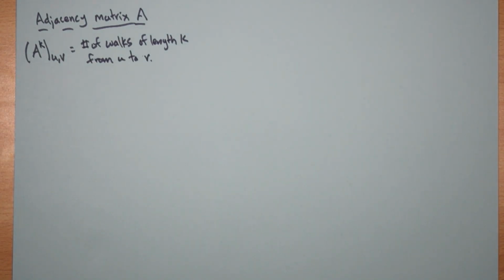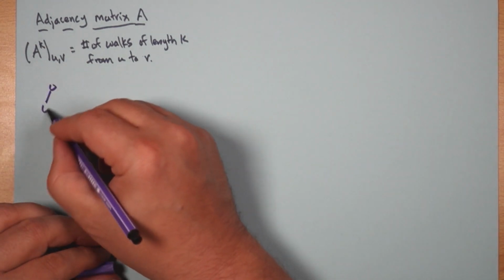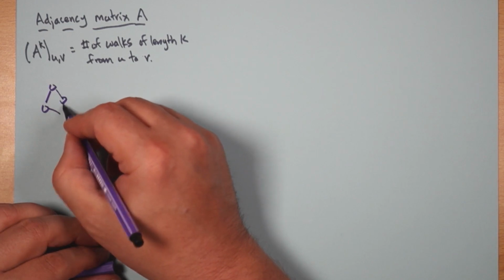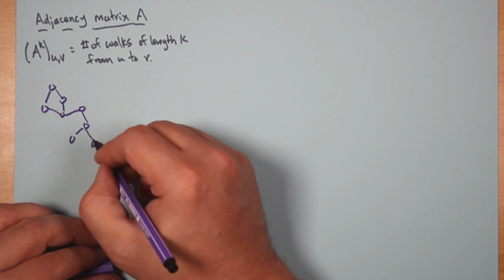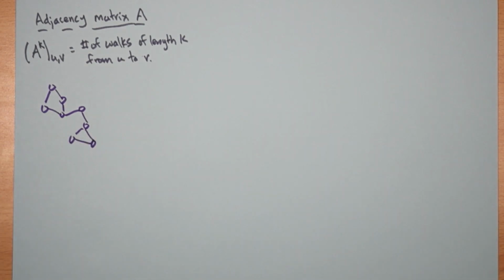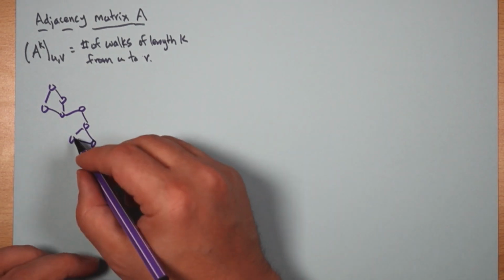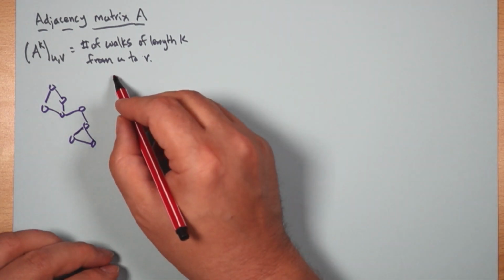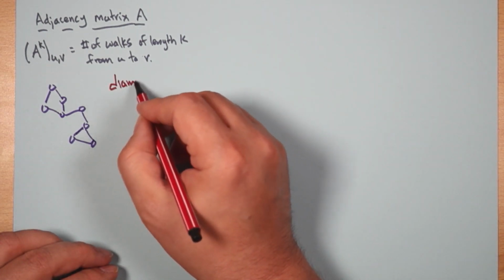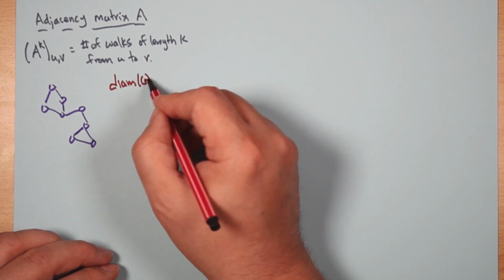If we're given a graph, let's suppose we draw a graph really quickly here. Here's a graph, and there's one particular walk that people are sometimes interested in, and it's related to something called the diameter of G. And what is that?